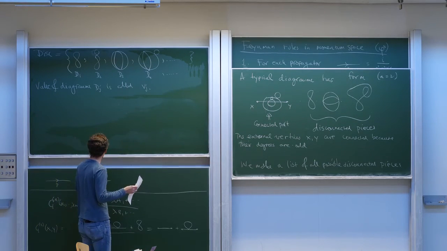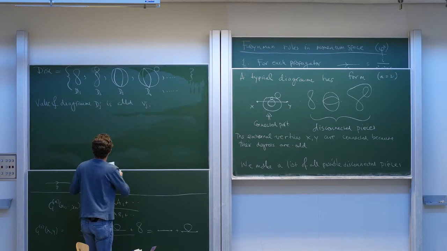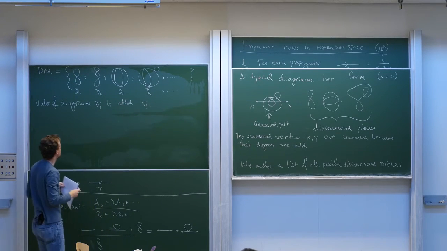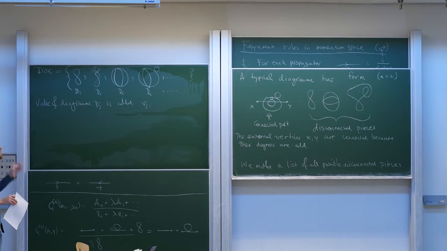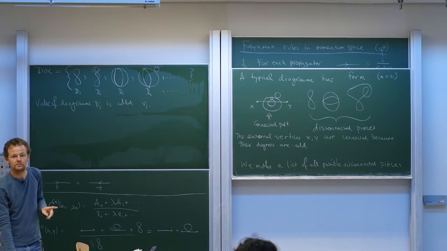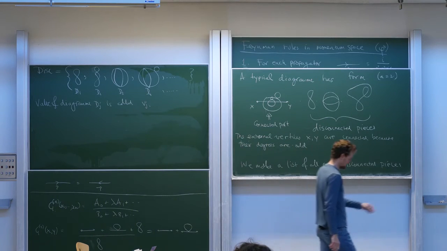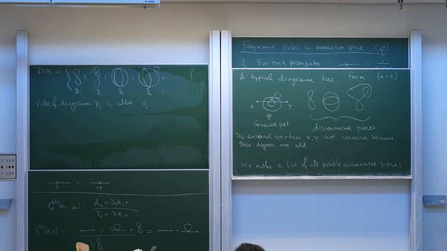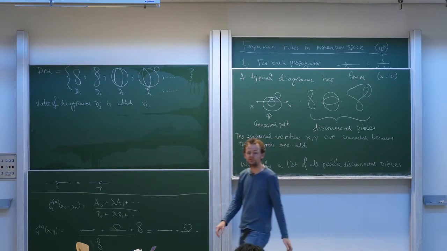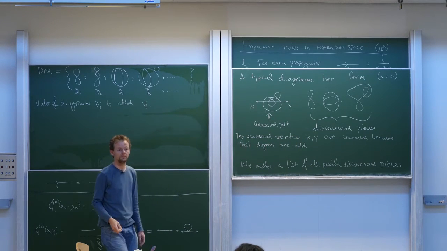Simple. Now, all of these values are infinity. They are all infinity. And this is a serious point. The way we have to interpret these numbers is that we have to put a cutoff into our theory.